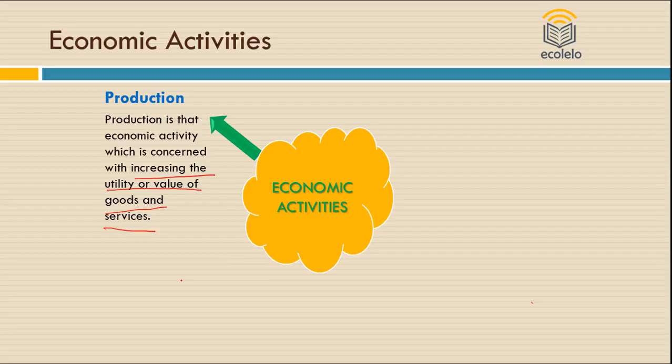But if you ask a statistician or an economist what is production, he will tell you it is concerned with increasing the utility or value of goods and services. That's the specific definition.